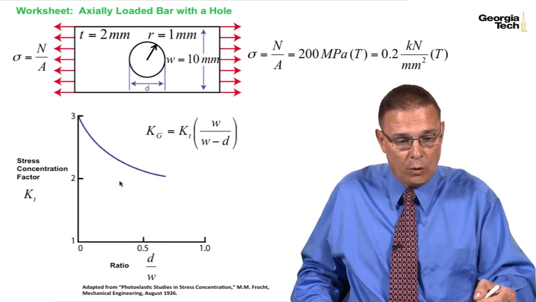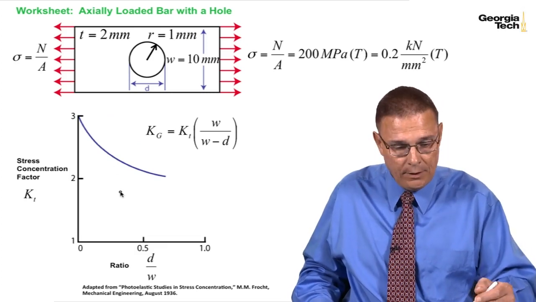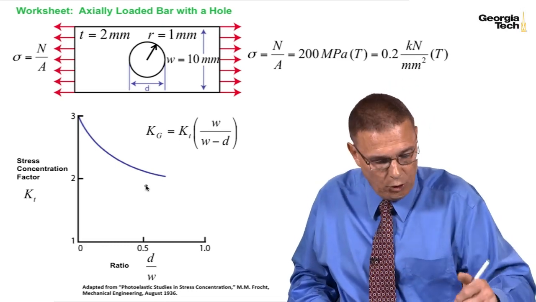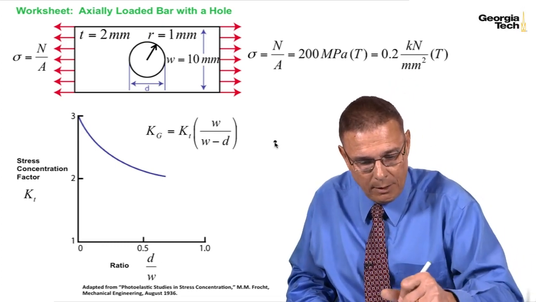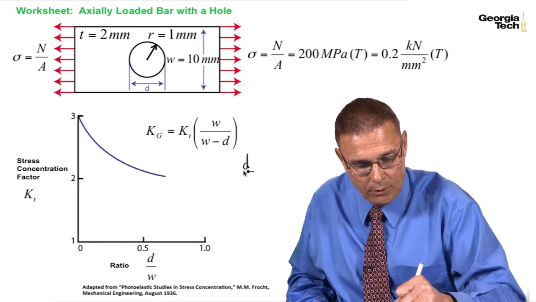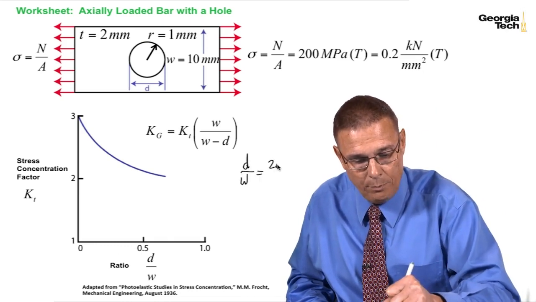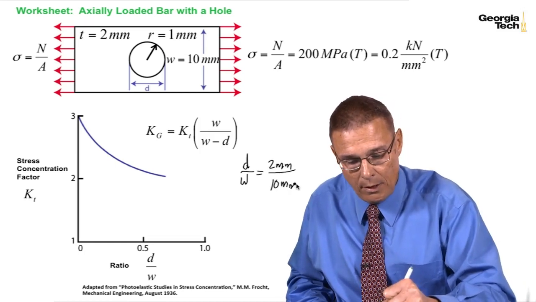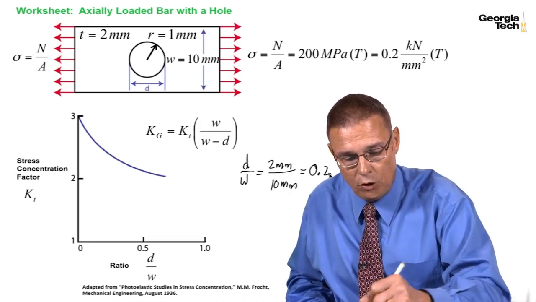Next, let's use our graph to find the stress concentration factor that we'll use in this problem. We're going to need the ratio of D to W. The diameter is 2 millimeters. The width is 10 millimeters. And so this is going to be 0.2.